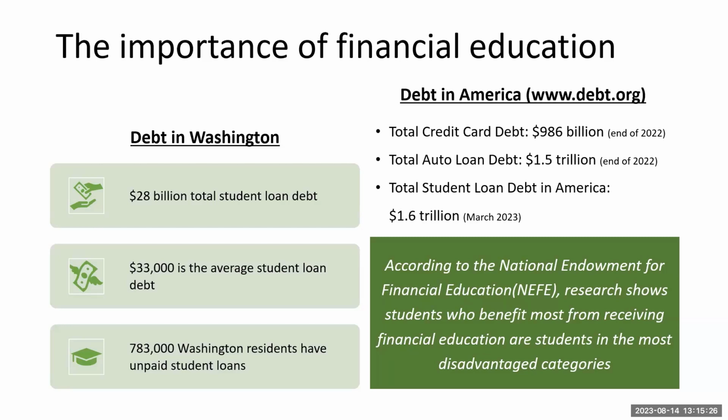Another prism that's easy and accessible to look at is student loan debt. I mean, raise your hand if you have student loan debt. We're looking at 28 billion in Washington alone. And that's just a drop in the bucket compared to the 1.6 trillion owed across the country. It's a popular subject nowadays, it's in the news, but regardless, these statistics demonstrate that up to this point, we have just been assuming students are going to absorb this financial literacy through osmosis as they got older, and would just be able to handle these loans.